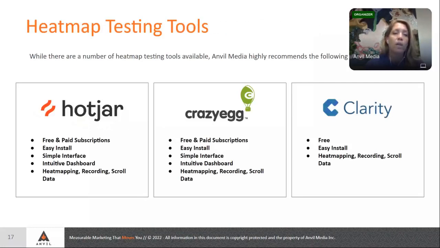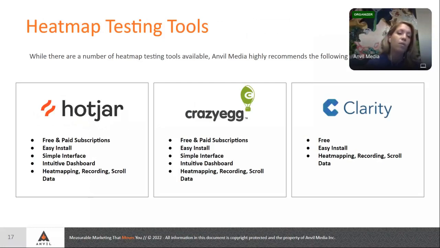There are a number of different testing tools available, but at Anvil, we have a few that we like to recommend just based on how easy they are to implement, how easy they are to use, and just their cost as well. So Hotjar and Crazy Egg are pretty much the same in terms of what you are able to get. They both offer free and paid subscriptions.